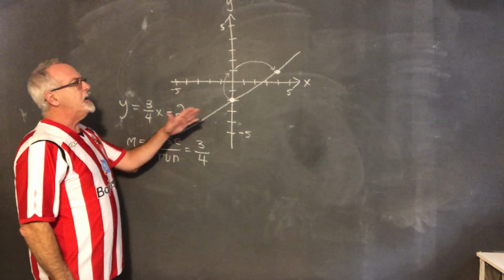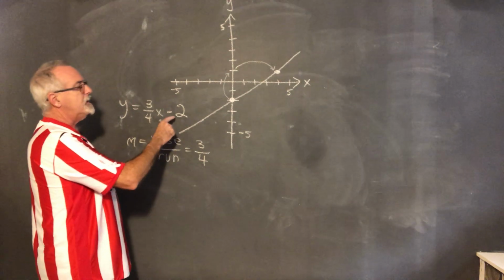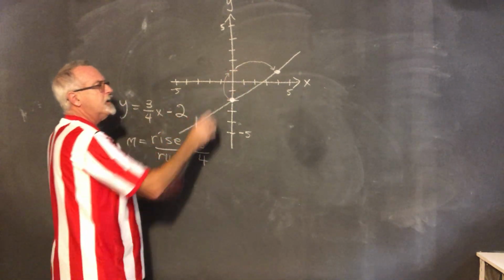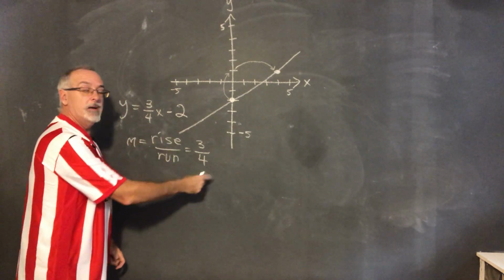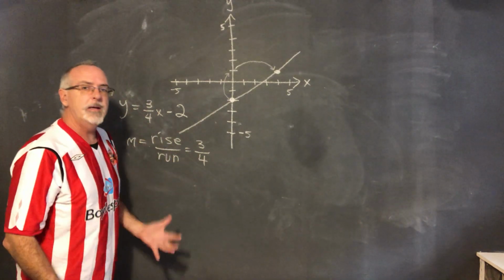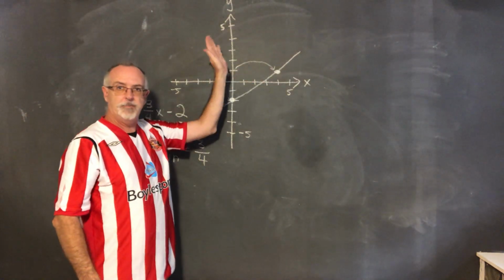It tells me that the line is going to be tilted like it is. The fact that it's tilted upwards, and how steep the slant is, was given in this combination of rise over run, because that's what slope is. Slope is a description of how the line is tilted.